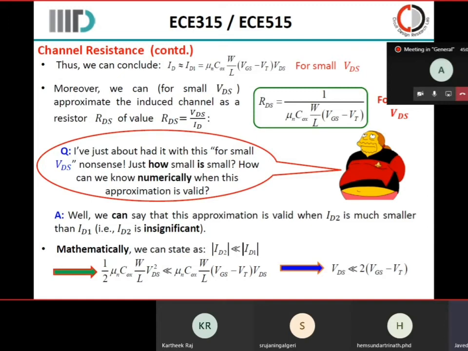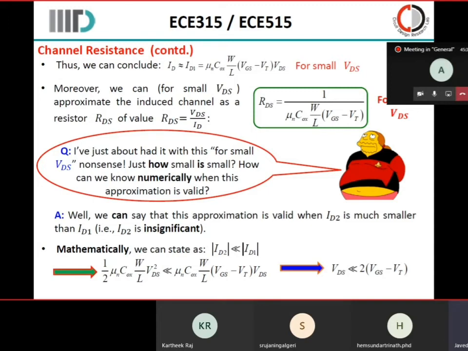When ID2 becomes significant, it is large. So how does ID2 become significant? The only common term affecting it is the VDS terminology. So if the VDS square term is very small compared to VGS minus VT, such that it doesn't cause a significant change in ID2, then it is applicable.